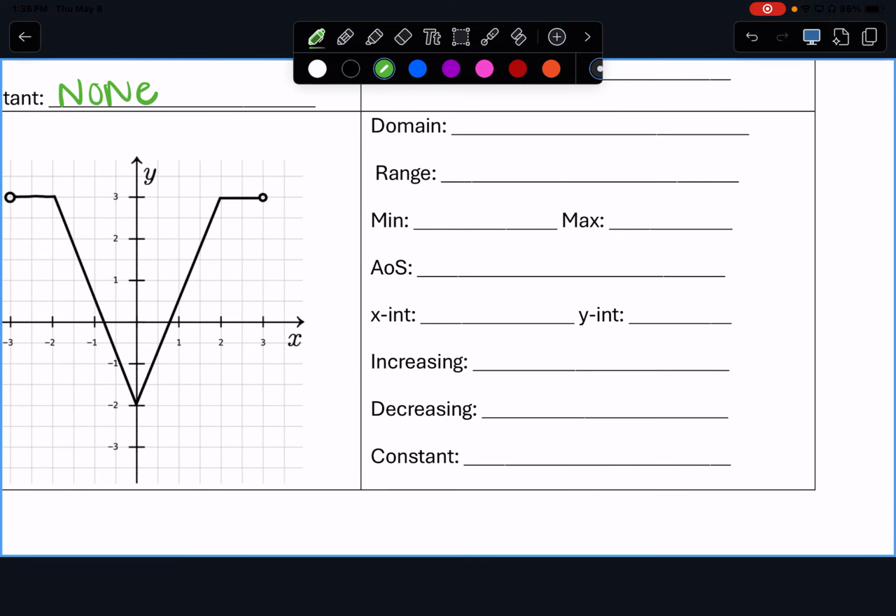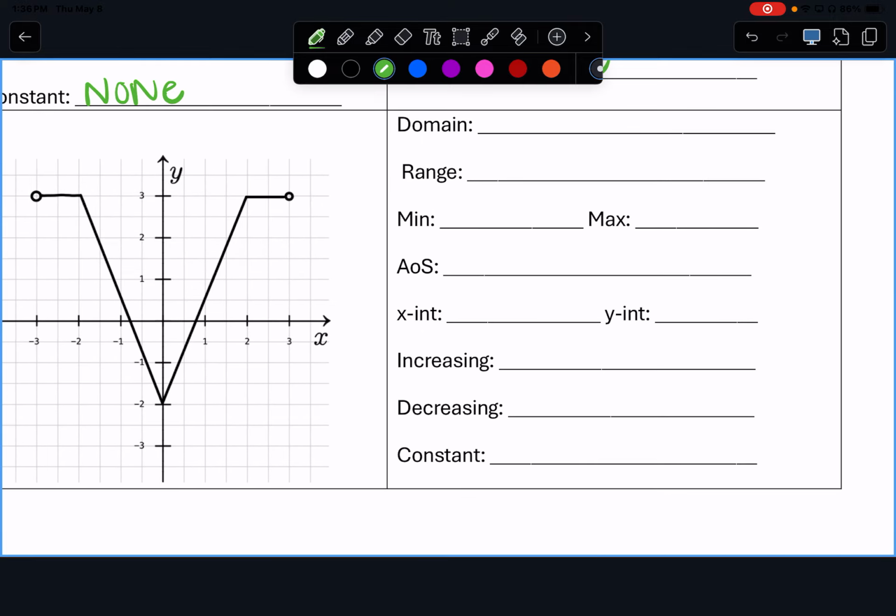All right. So for this one, what is our domain? -3 to 3. What happens at both -3 and 3? Open circle. So that means they need parentheses. Now our range, what's the lowest y value? What's the highest? 3. Okay, so -2 for sure gets a bracket.